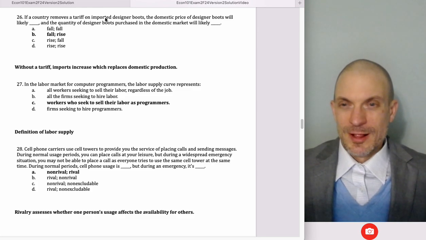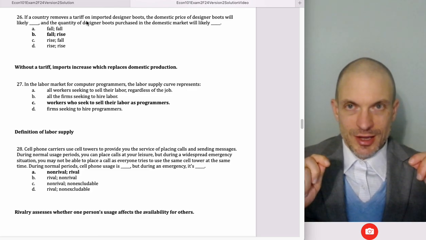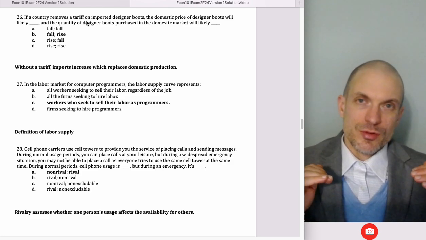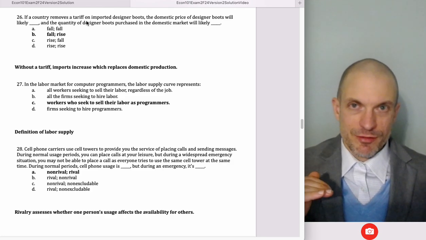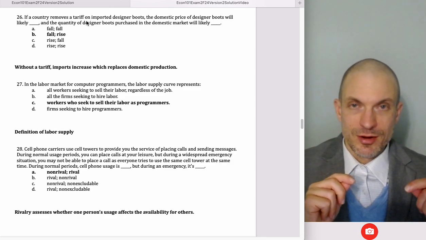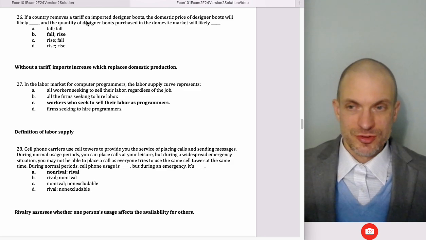Okay, so the tariff is bringing the price closer to the domestic equilibrium price. The tariff is limiting the ability of foreign producers to undercut domestic producers. If we remove the tariff, the price is going to fall to the world price, which is going to be lower.